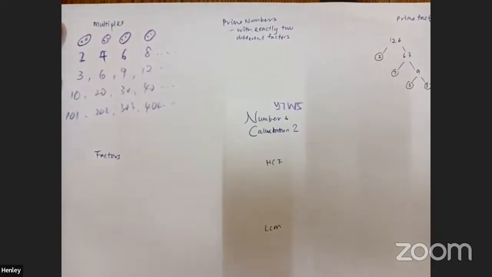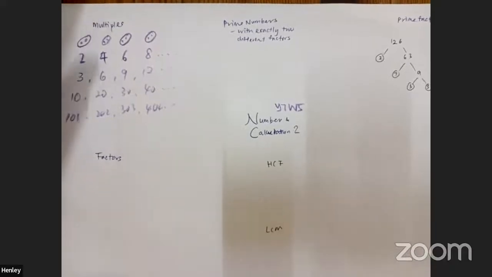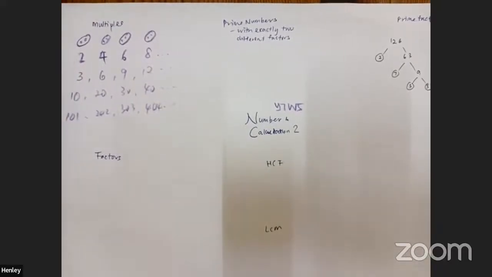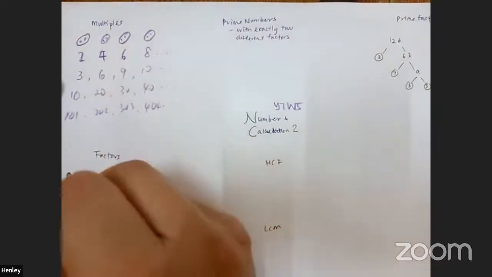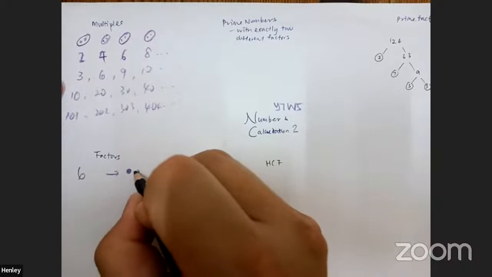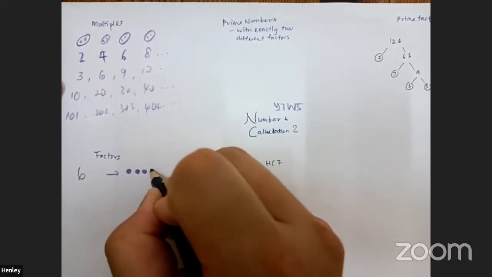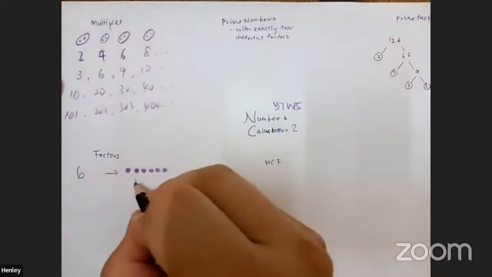On the other hand, the factors of a number are all the whole numbers that divide into it. So for example, let's take 6. 6 can be 1 times 6.